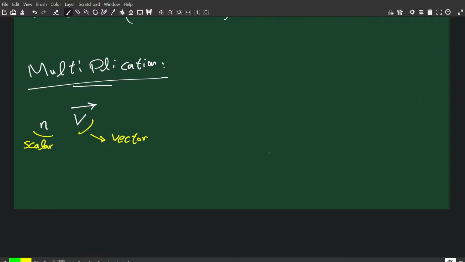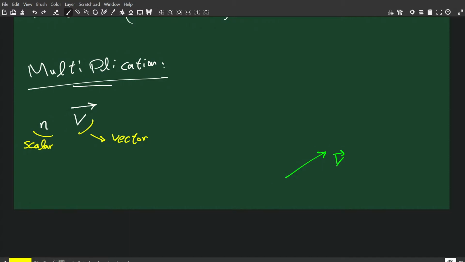So the simplest definition of it is this: assume that it is the v vector, and the scalar will only multiply this vector's magnitude. I mean, if it is the v vector and n equals 2, we're going to draw 2v.